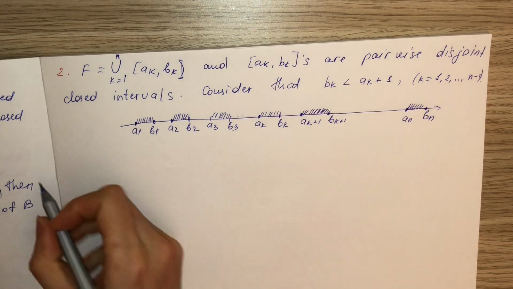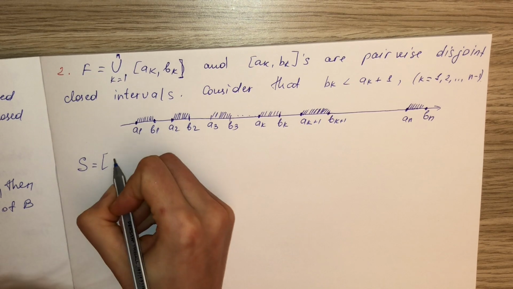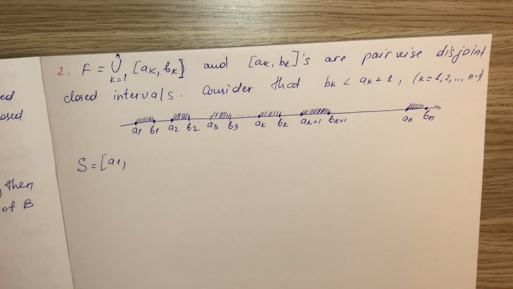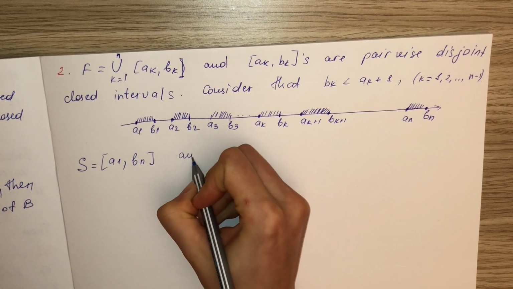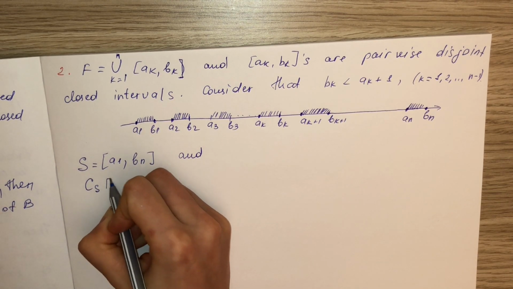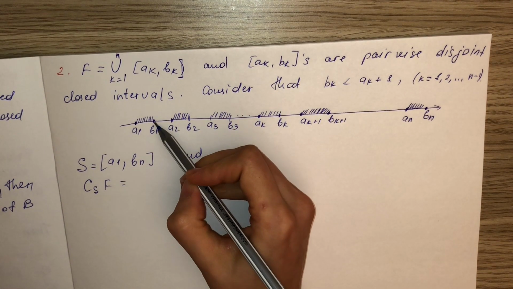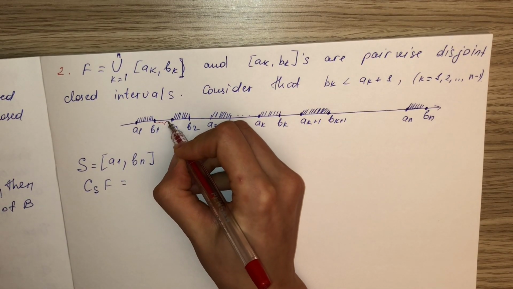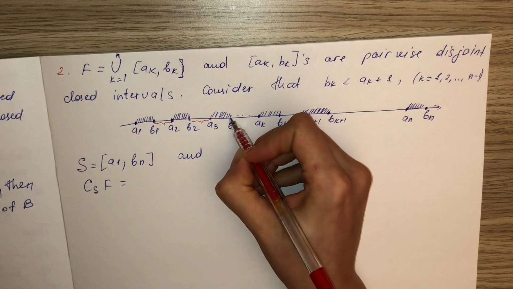It's clear that S is equal to [a1, bn]. And the component of F with respect to S is equal to, look please, let me show you, the union of these intervals.